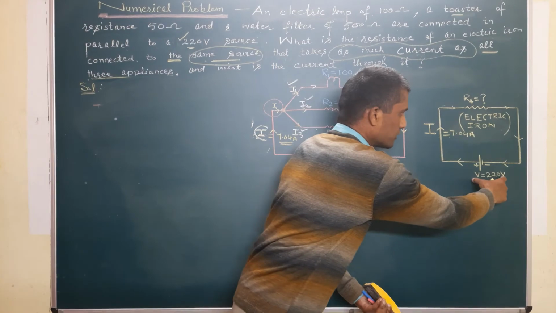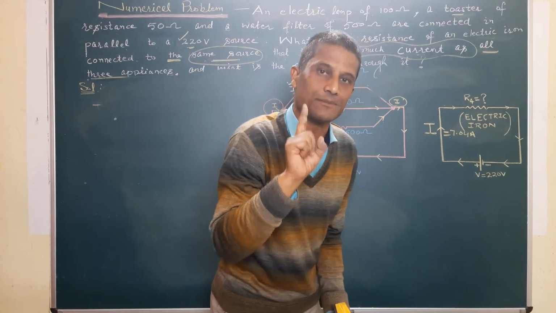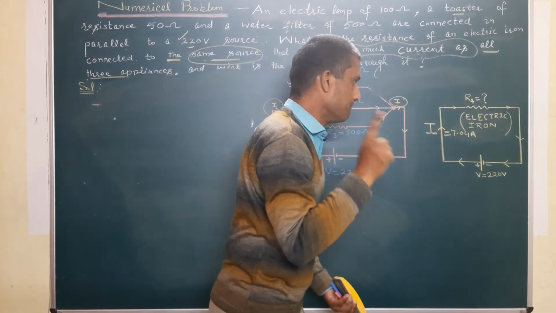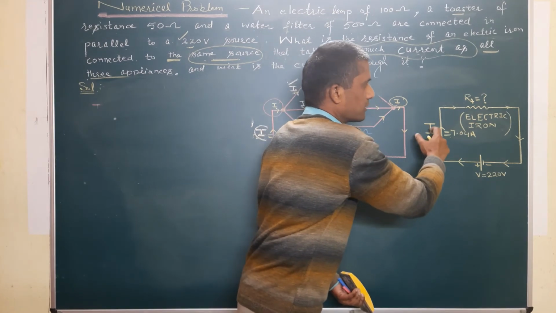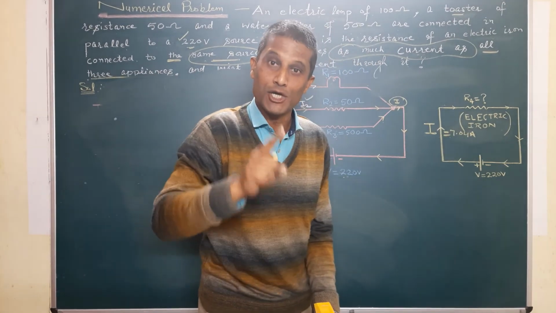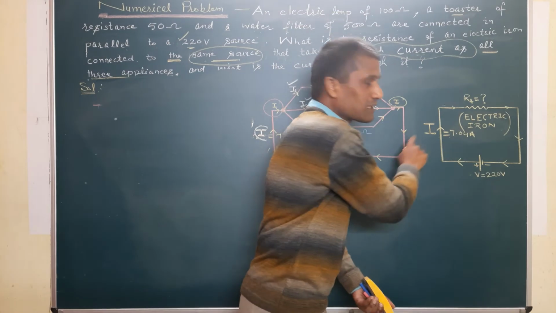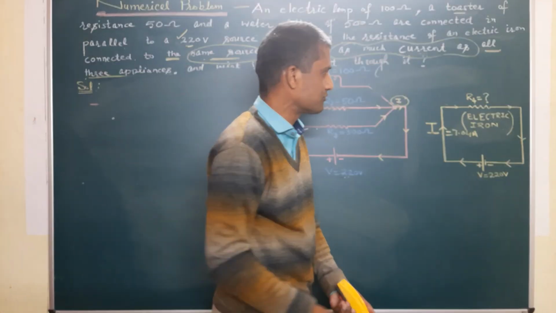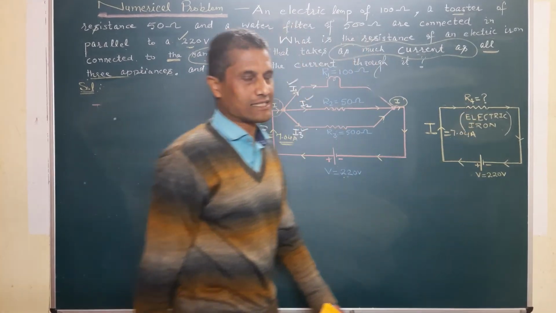So we know the voltage the electric iron is subjected to, and we know the amount of current flowing through it. It means we know both physical quantities V and I, so we can find out the resistance of the electric iron.